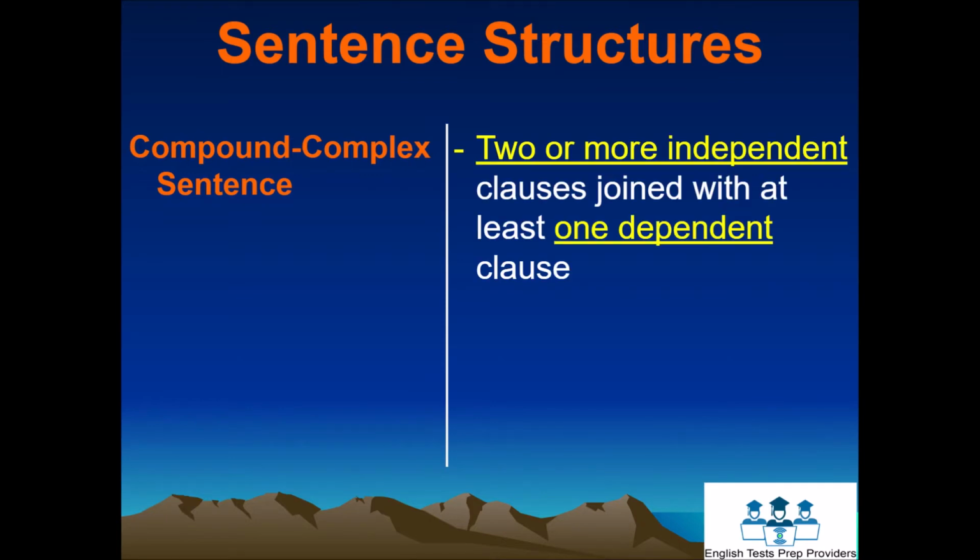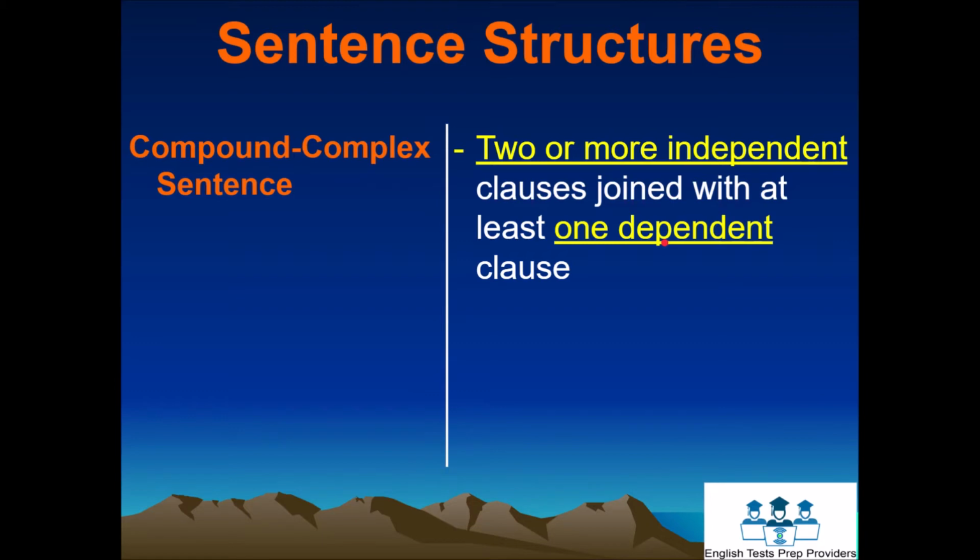A compound complex sentence has two or more independent clauses. These independent clauses are often joined with at least one dependent clause. Okay, so it means these two or more independent clauses are the compound sentence, and the dependent clause is part of the complex sentence.